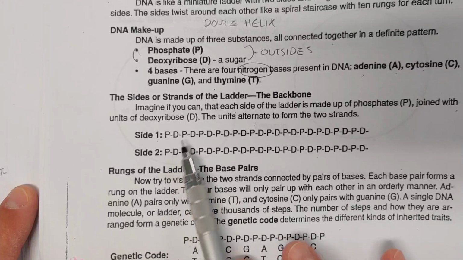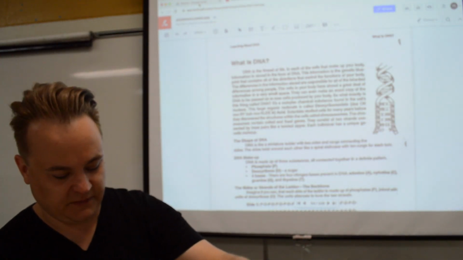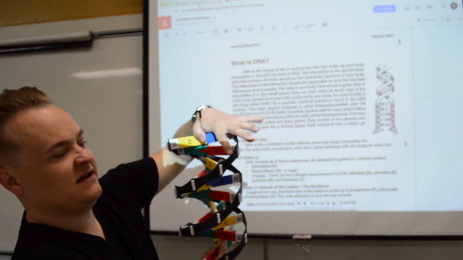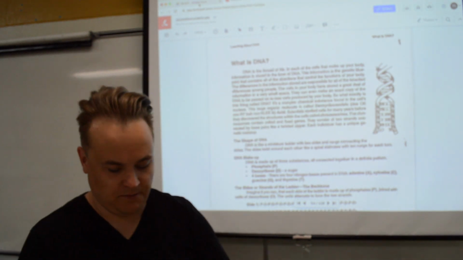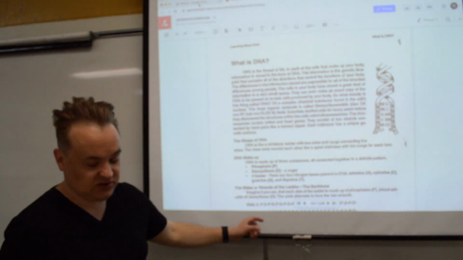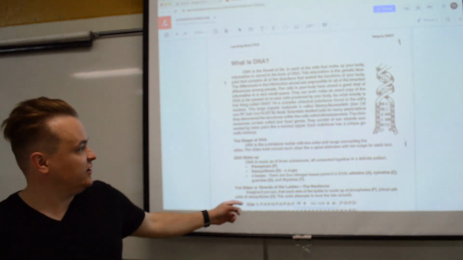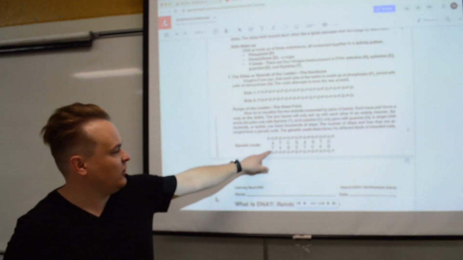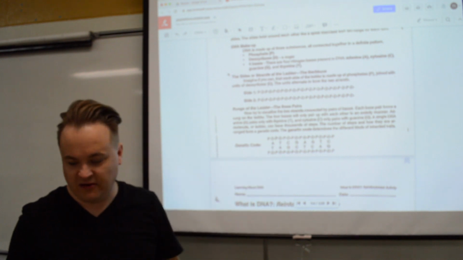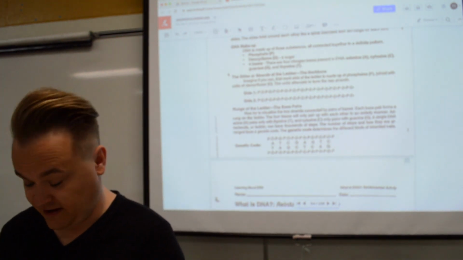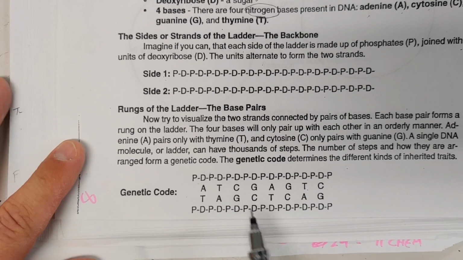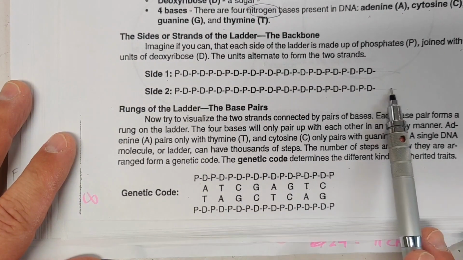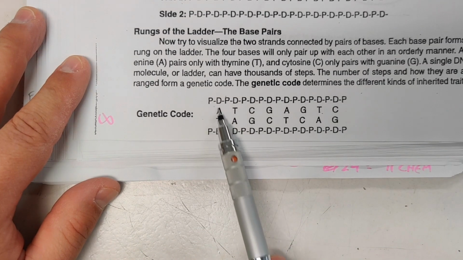Phosphate, deoxyribose, phosphate. I think that this illustration down here is actually very good, kind of explaining how it goes, phosphate, deoxyribose. But then in the middle, when you connect them, it can either be an adenine or cytosine or guanine and thymine. So you can see here, the outsides of the DNA molecule are phosphates and deoxyribose, and the inside right here are adenine and thymine.